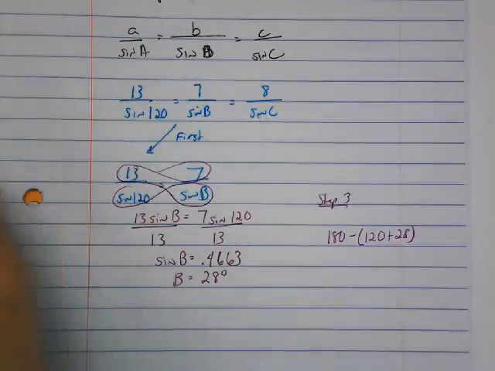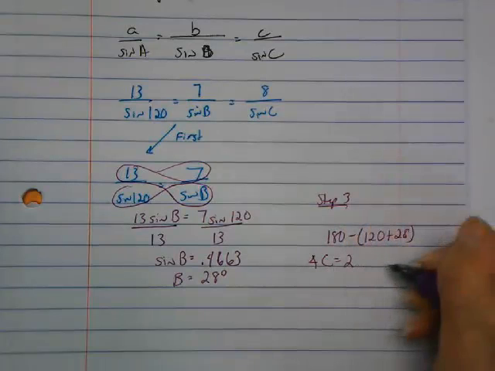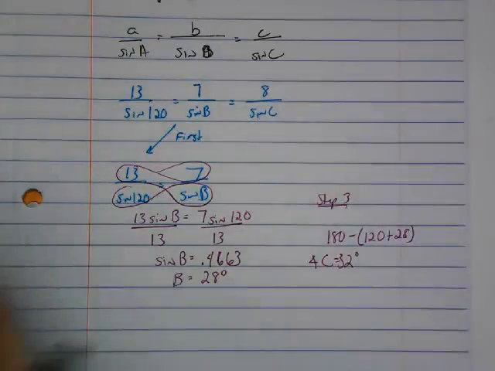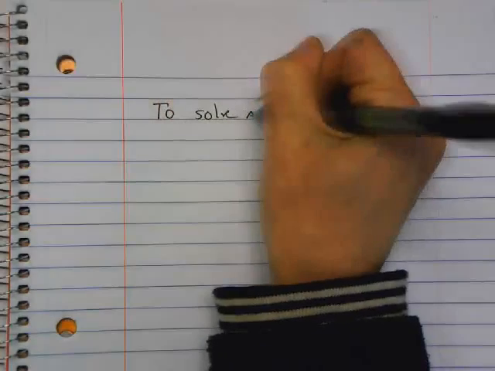To solve a side-side-side triangle, step 1: use law of cosines to find the angle opposite the longest side. And I'm going to put a star. This is the most important thing.